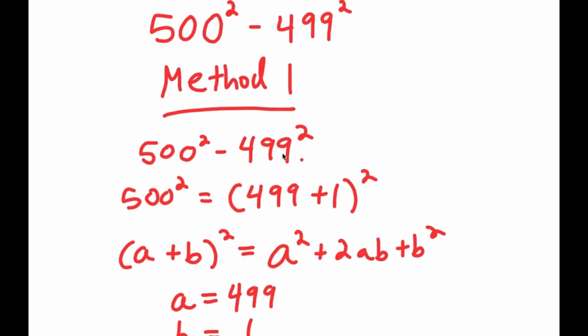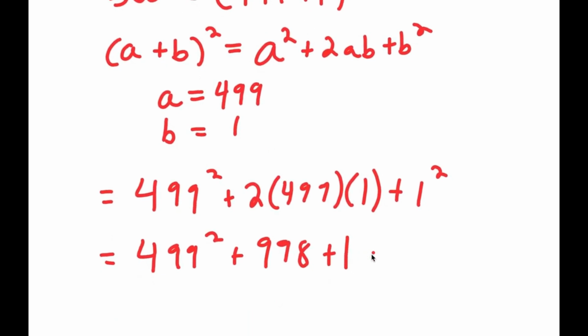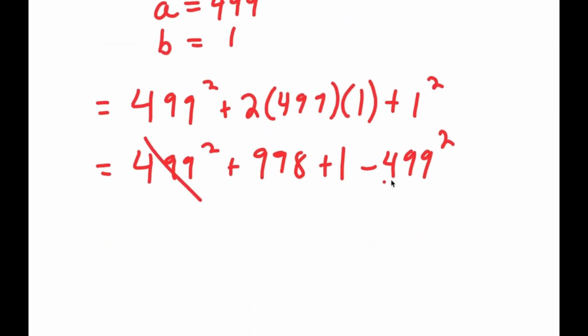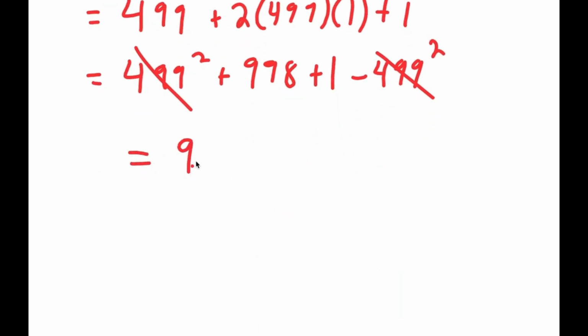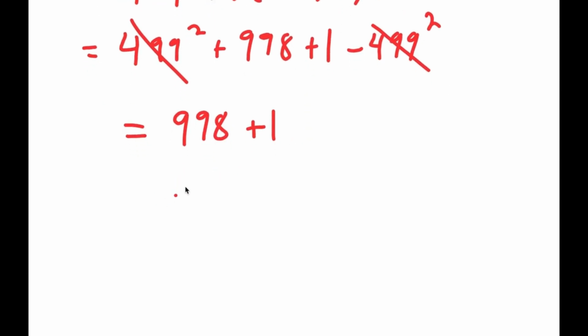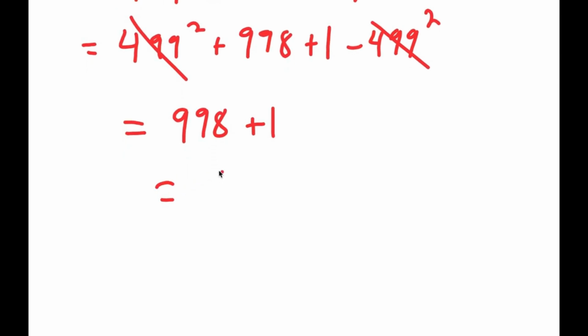And remember, at the end here, I have negative 499 squared. So now we can add that back in. And 499 squared minus 499 squared, these two cancel out. So I'm left with 998 plus 1. And this is equal to 999.